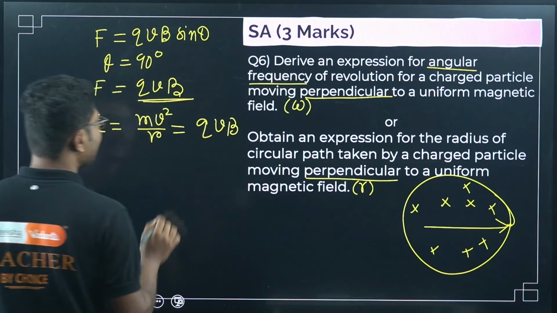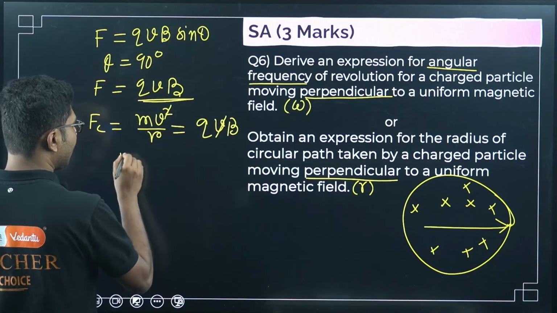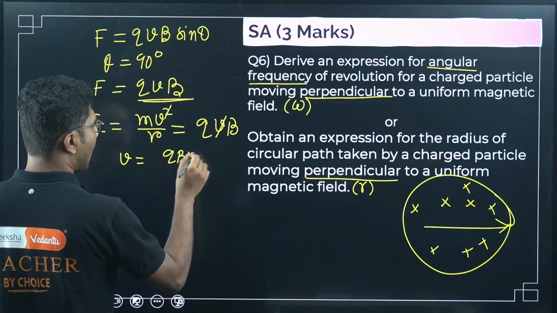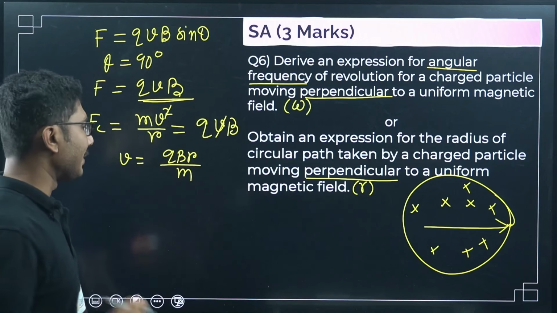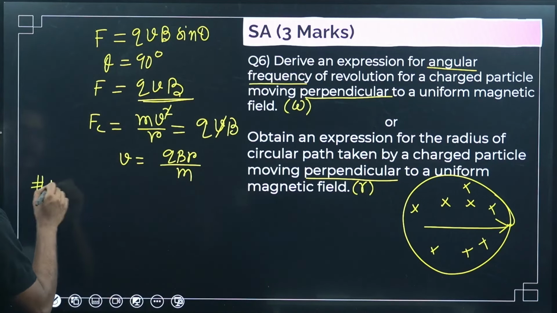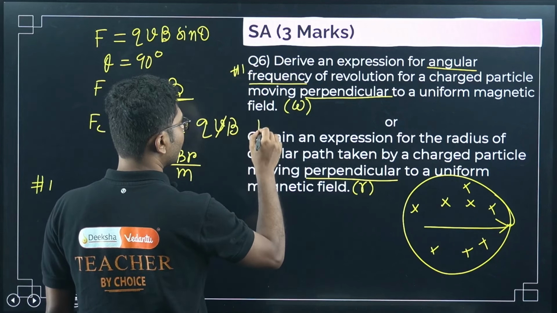Now let's simplify this. One of the V will be cancelled. So you can write that v equals QBr by m. Now for question number 1, suppose this is 1 and this is 2.